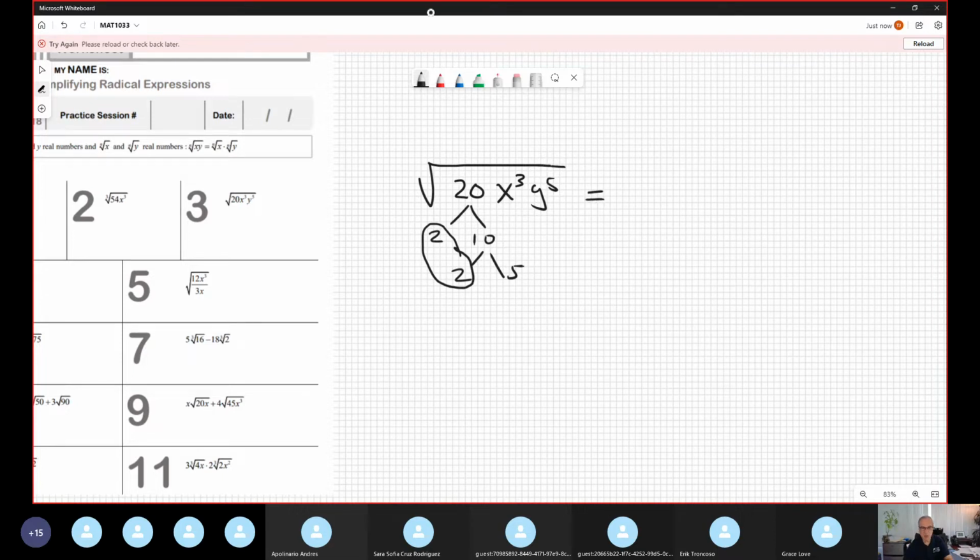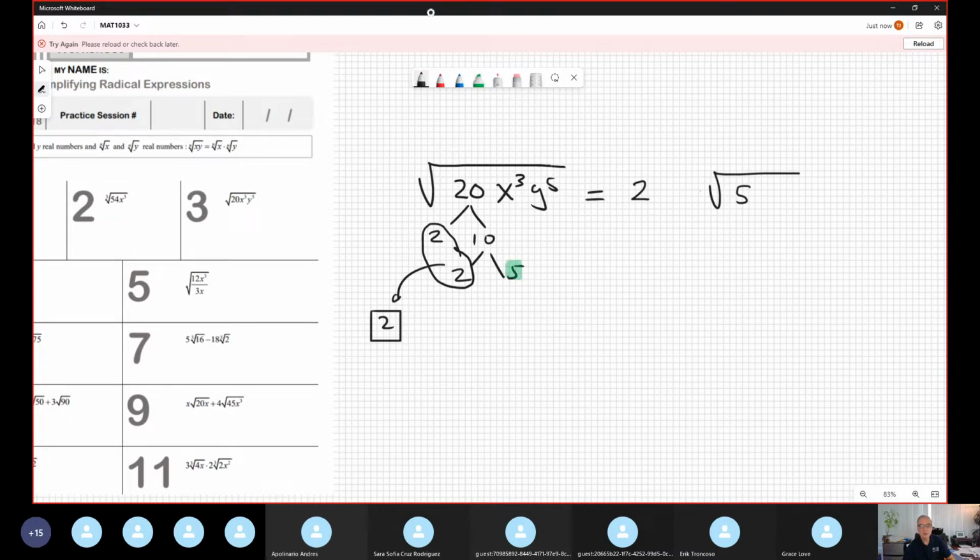Look, I separate my problem into three problems: the numerical part, the x part, and finally the y part, each analyzed separately. The numerical part is 2. The 2 can fly outside the radical and the 5 stays inside.